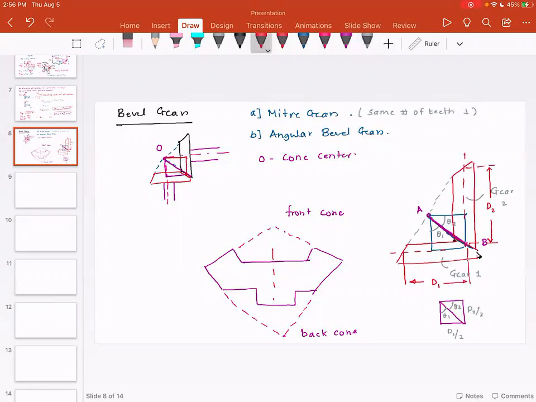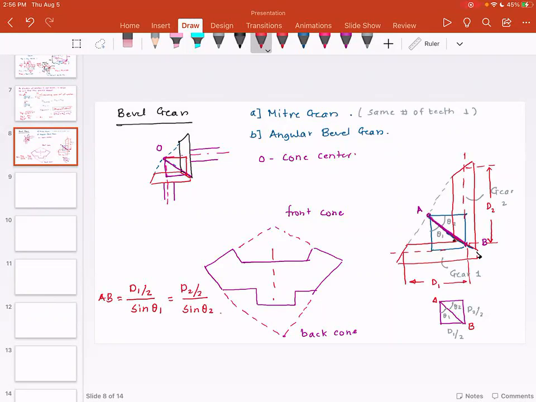So based on the geometry, I can write this equation: D1 by 2 divided by sine theta 1 gives me AB, which is the same as D2 by 2 divided by sine theta 2.